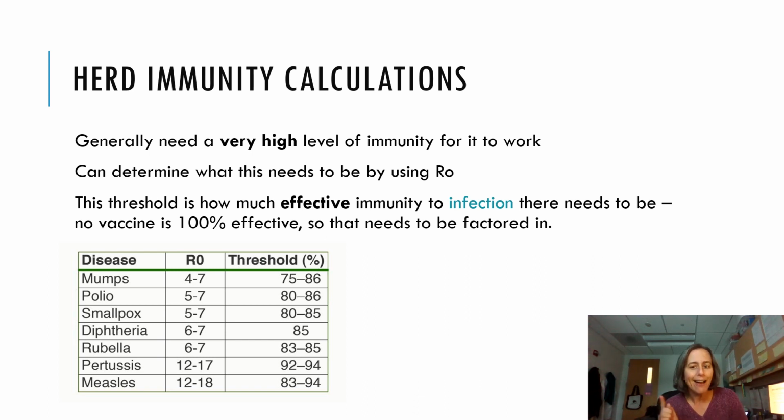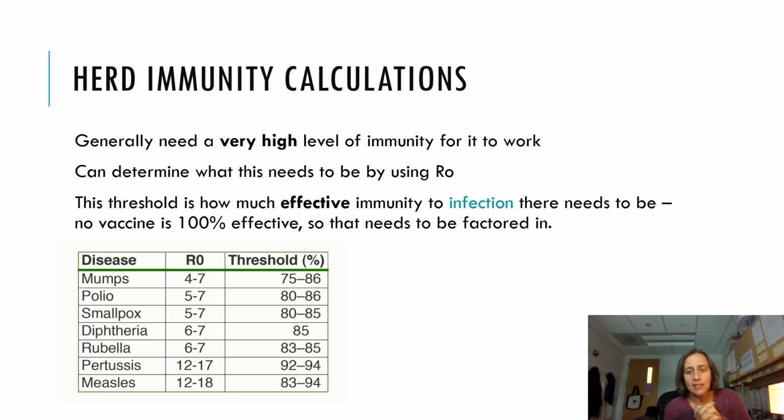You can actually calculate how much of the population you need to be vaccinated in order to reach herd immunity based on the R0, based on how contagious that particular disease is, right? So the threshold that is shown here in the percentage is how much effective immunity there needs to be, right?